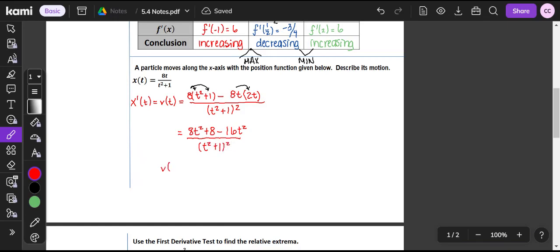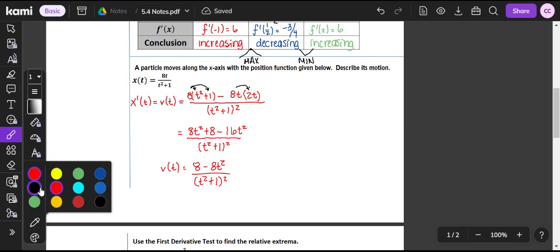So I know the velocity function is equal to 8 minus 8t squared all over (t squared plus 1) squared. Okay, now I can use this velocity function to find my critical points. And remember, critical points are where the function is equal to 0 or it's undefined.